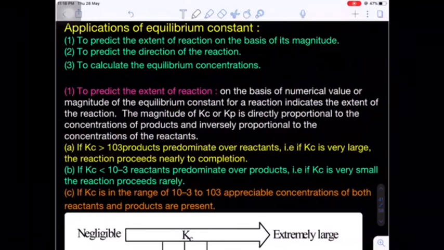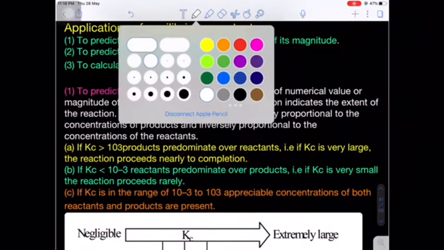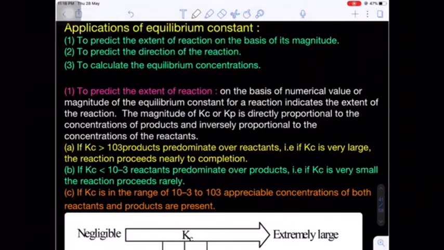Hello students, today we are going to study the applications of equilibrium constant. There are three important applications. Number one, to predict the extent of reaction on the basis of the magnitude of K equilibrium, that is Kc or Kp.